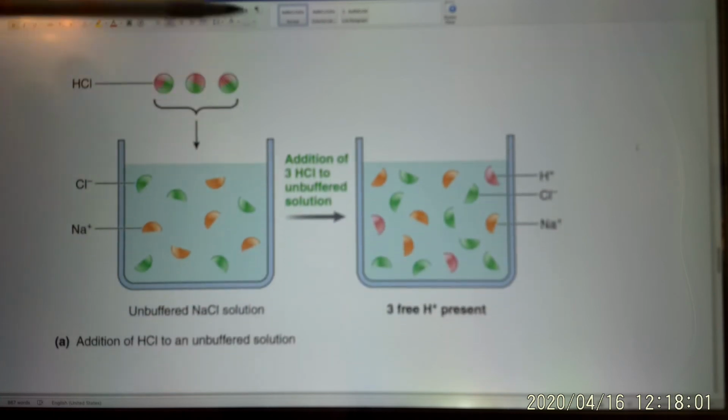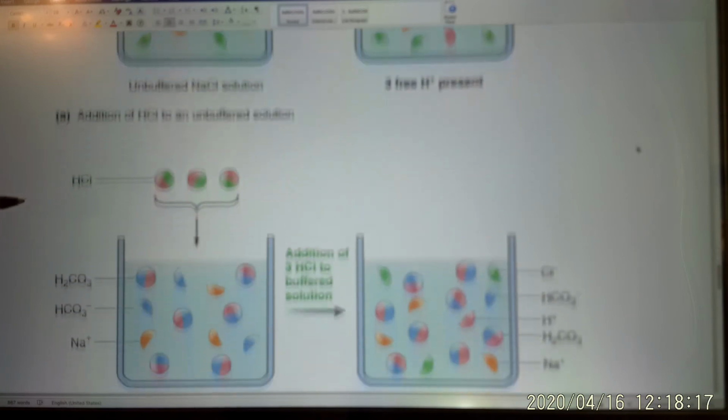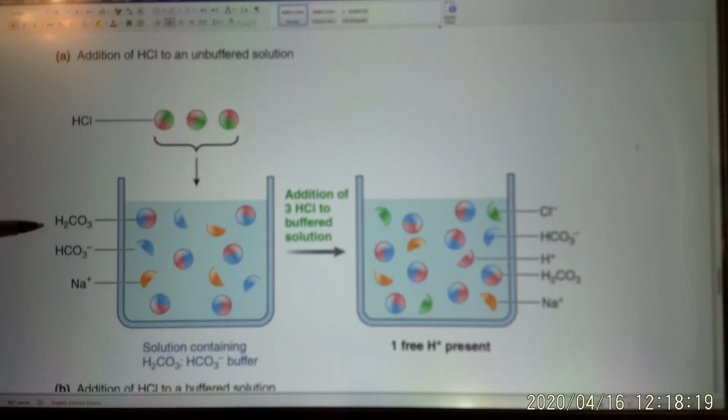If we add hydrochloric acid into a non-buffer solution, the hydrochloric acid will dissociate and produce H plus. If you add 3 molecules, you get 3 H plus, and the solution becomes acidic. A buffer tries to maintain the pH.